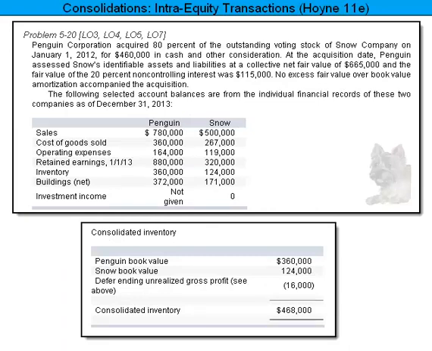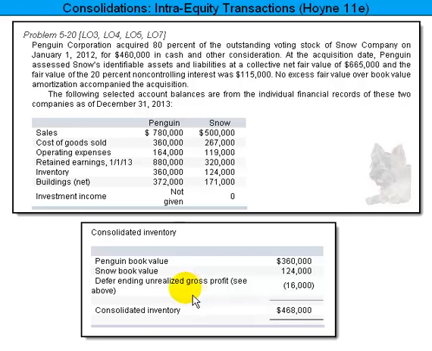Next I'm going to show you how you would come up with consolidated inventory. This one is a bit simpler once you've done consolidated cost of goods sold. We're going to add the book value of the inventory of the parent, that's the 360, and the book value of the inventory of the subsidiary, that's 124.